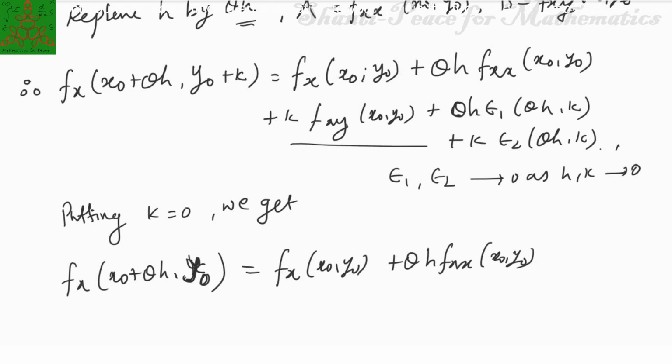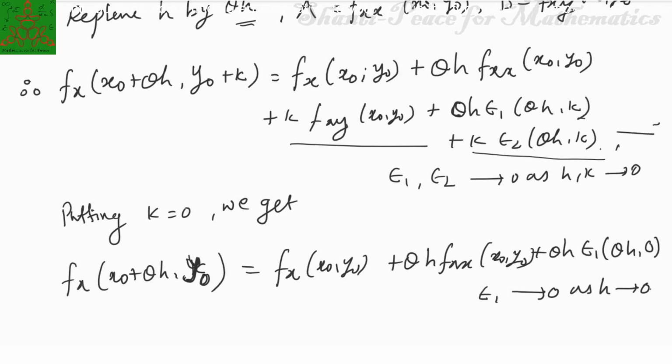K is 0, so that's why this term is 0, plus theta h epsilon 1 theta h comma 0, because k is 0, and this epsilon 1 tends to 0 as h tends to 0, that is already there. Now if I call this equation number 7, and this equation number 8.